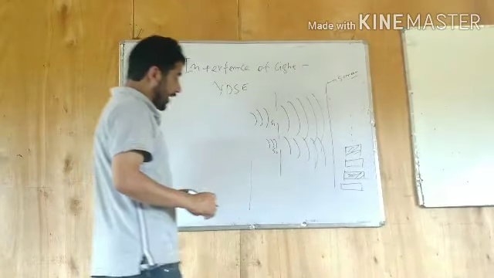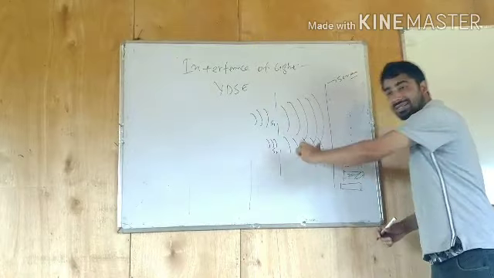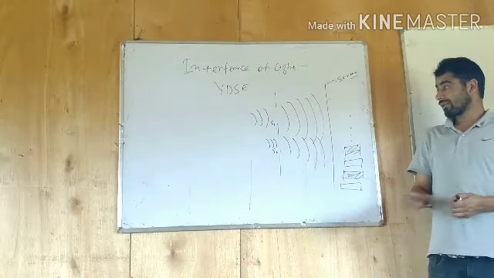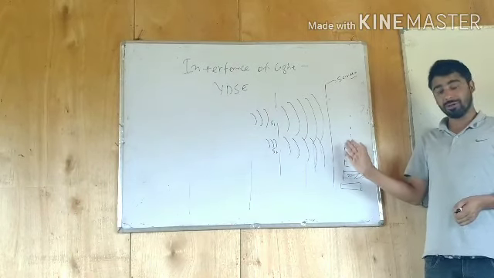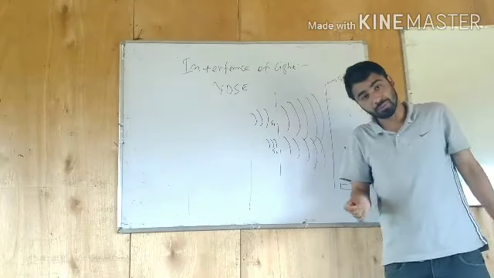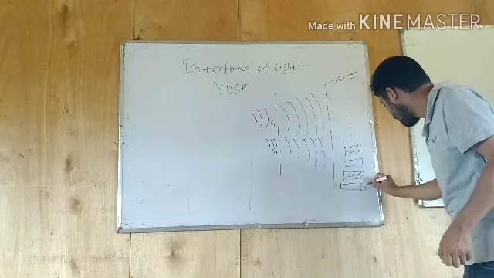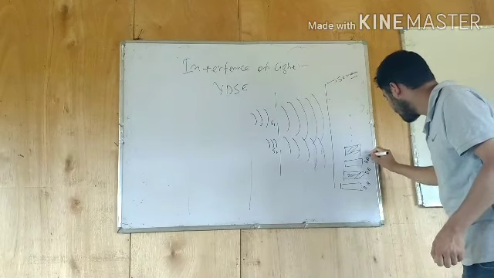Now, what's the logic behind this? When the light comes out through the single slit and this second slit also, the screen is sure to be illuminated effectively, but bright and dark bands are observed. Suppose this is a bright band and this is a dark band.